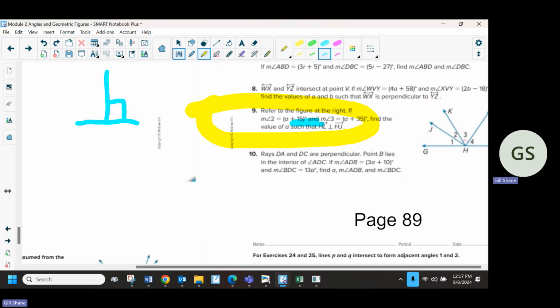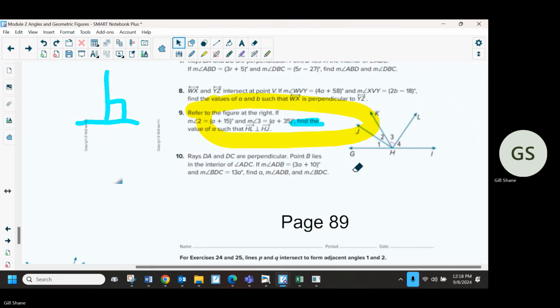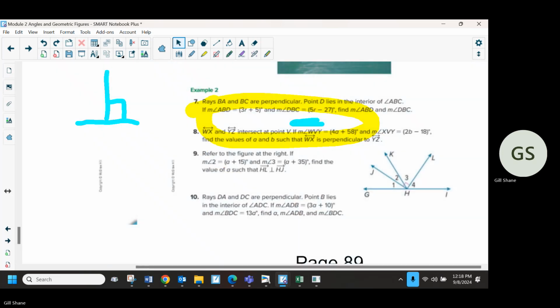Like we have right angles, and we do. So that's the symbol for perpendicular lines. It's telling us that HL is perpendicular to HJ.